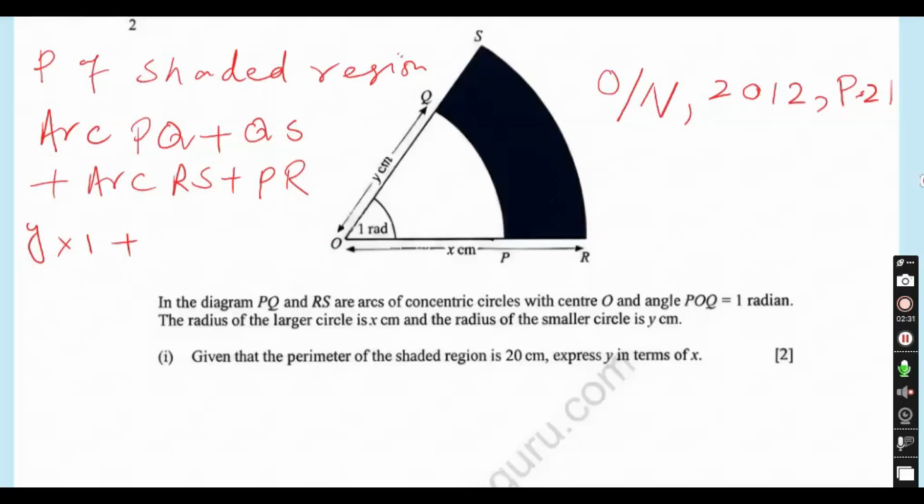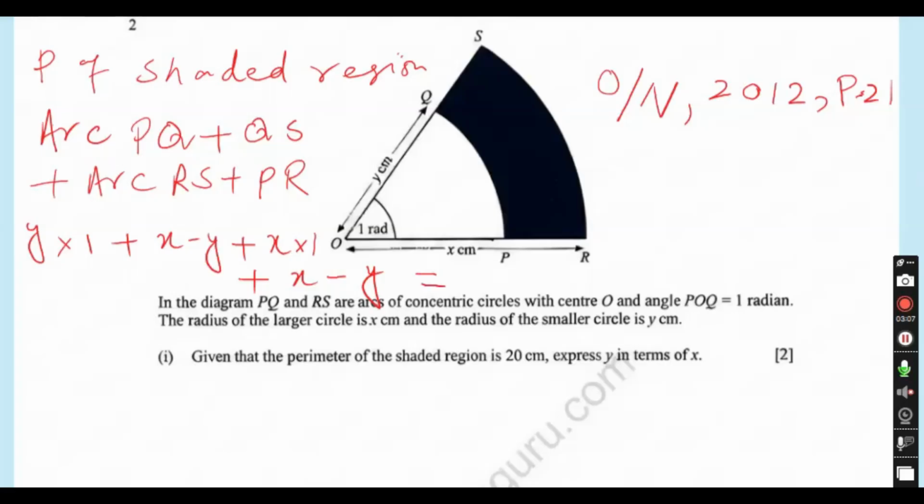Therefore, QS is x minus y, plus arc length of RS, that is the arc length of the big sector. So the formula of arc length is r theta. R is the radius of the big circle x and the theta given is 1 radian, plus the length of PR. Again the length of PR and QS is the same, that is x minus y.